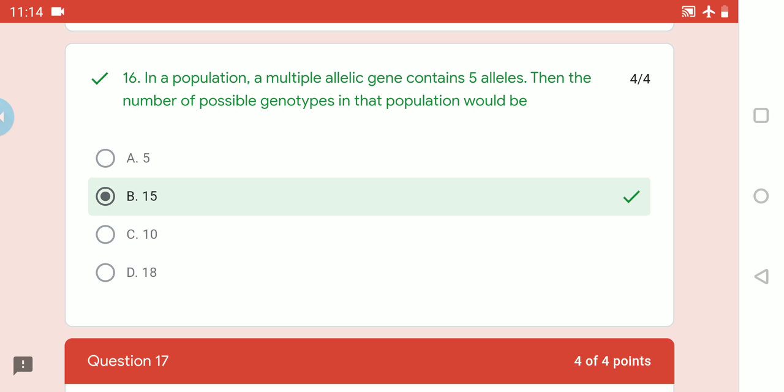First of all, for the purpose of understanding, in the beginning I told you, capital A, capital A, capital B, capital B, capital C, capital C. More than 2, that is 3, is a multiple allelic gene, isn't it? And here they are telling 5 alleles. Write down 5 alleles only.